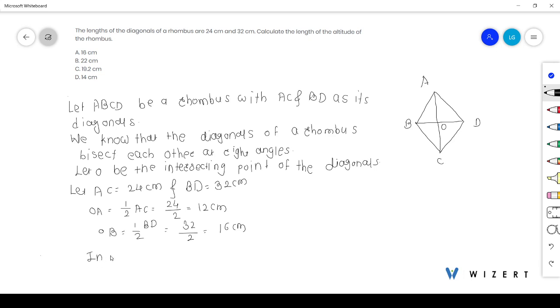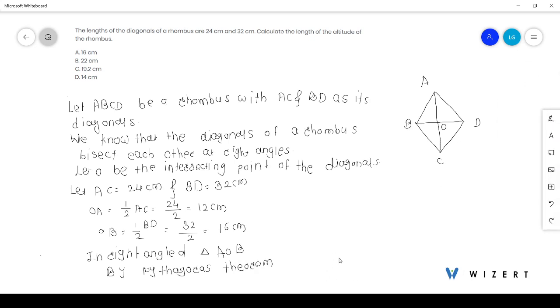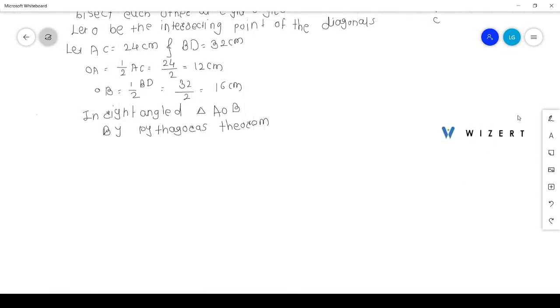Now, in right angle triangle AOB, by Pythagoras theorem, AB square equals OA square plus OB square.